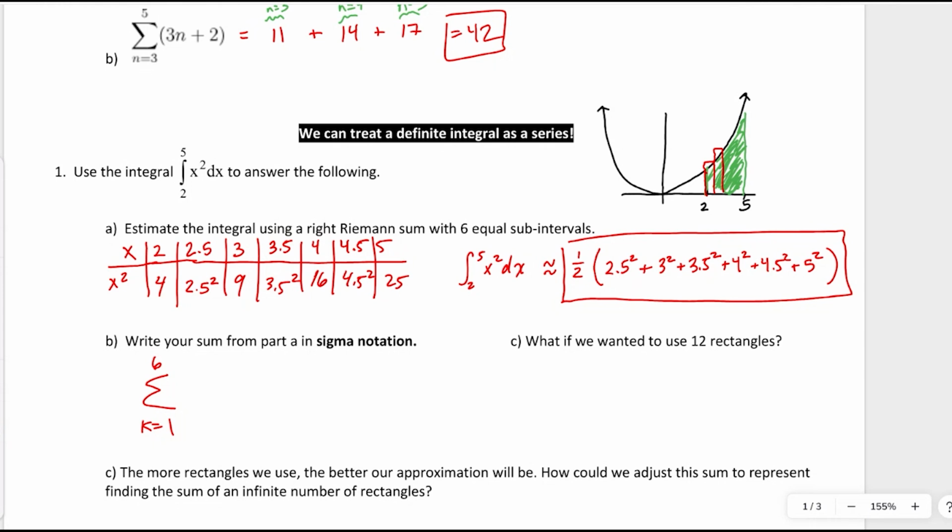So for each term here, it's going to be 1/2 times the height squared, and whatever this number in here is. That's really the only thing that's changing, right? The squared is there every time. So we need to come up with some expression that's going to give us 2.5 and then 3 and then 3.5, 4, 4.5 and 5 and so on.